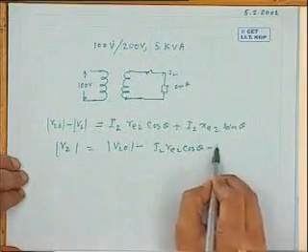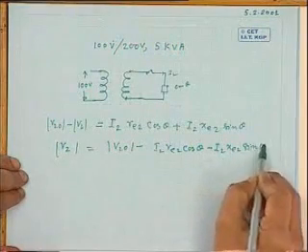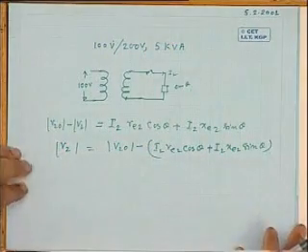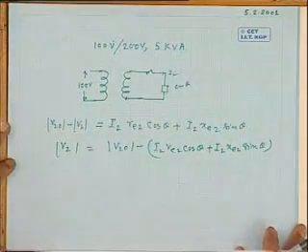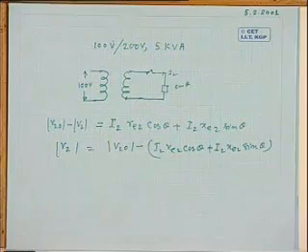I am just telling you how to use this formula for some very practical calculations. Perhaps a practicing engineer will be using it. That is, I have applied 100 volt, under no load condition 200 volt. Now I am drawing this much current from the secondary at a given power factor like this.